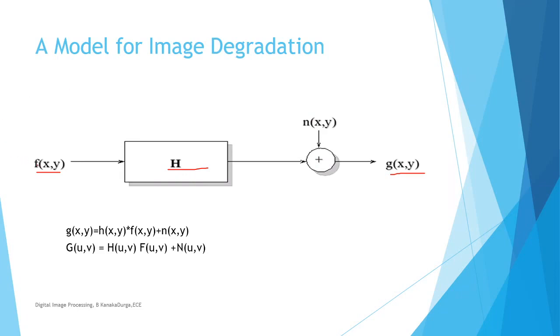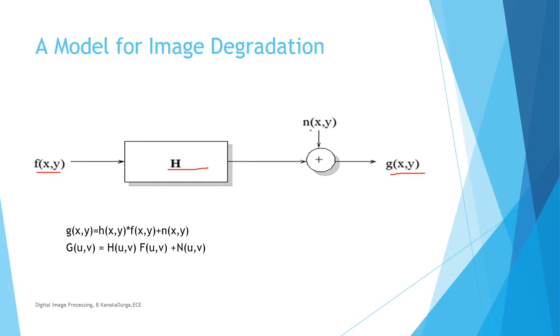So the original image f of x comma y has been degraded by some functionalities on the image, so we pass the original image through the degradation function h of x comma y.